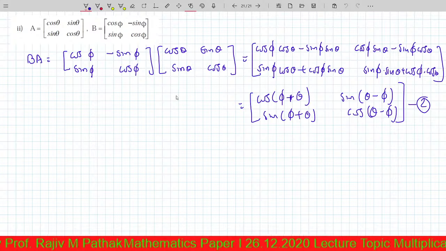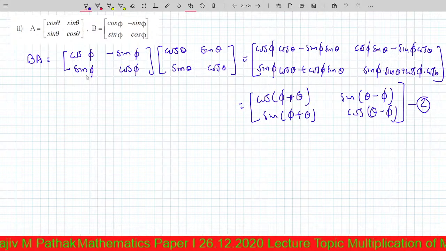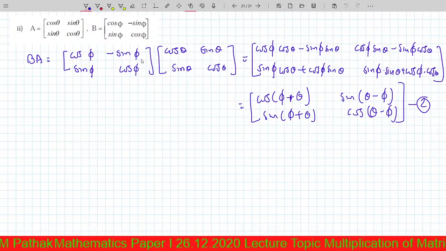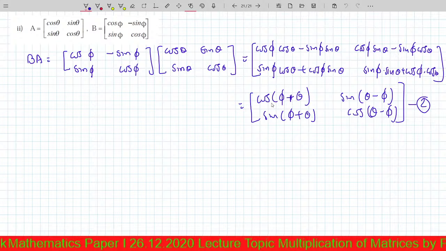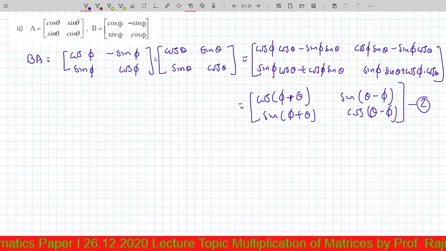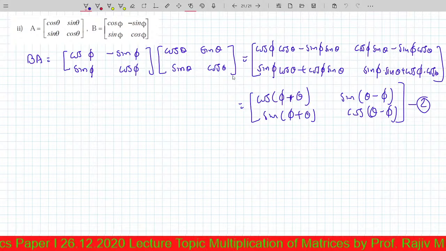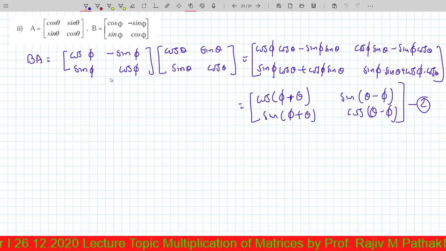Just a minute, I check the multiplication again. Minus sin phi, cos phi. So cos phi into cos theta minus sin phi into sin theta, that becomes cos of theta plus phi. Okay, then cos phi into sin theta minus sin phi into cos theta, so that is theta minus phi. This is also fine.